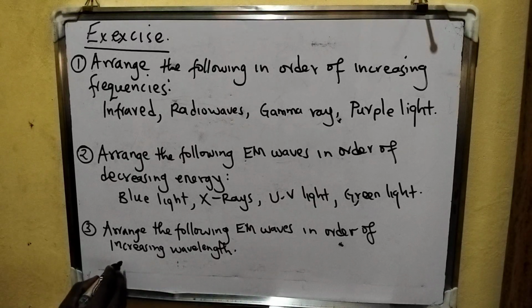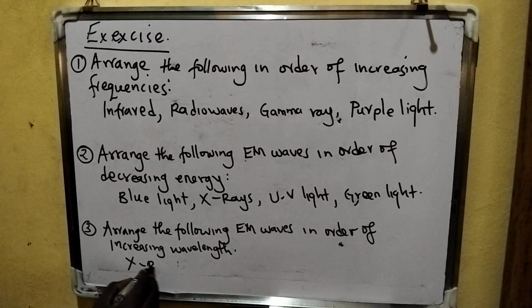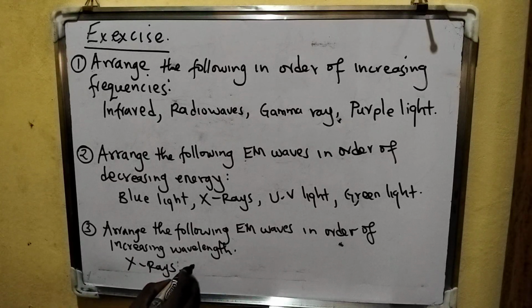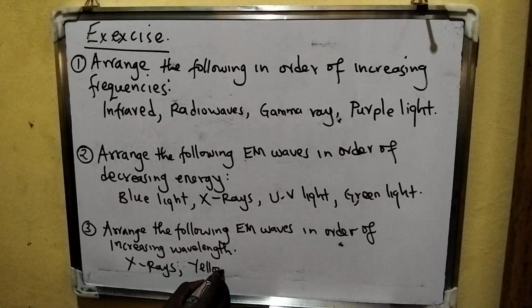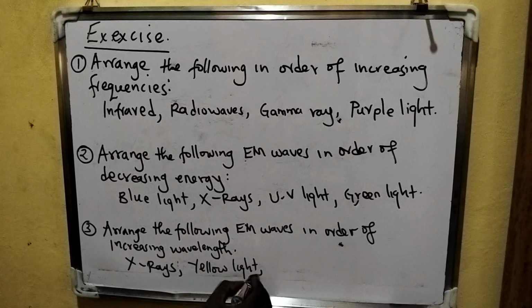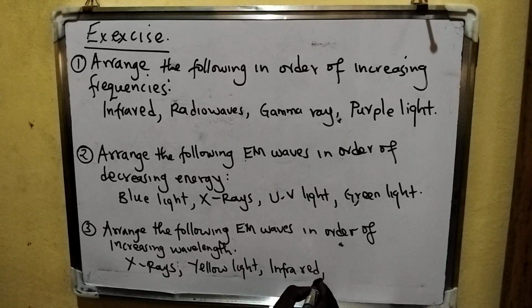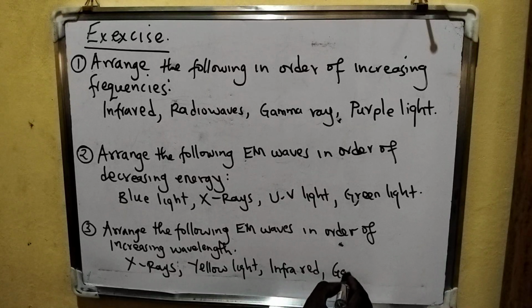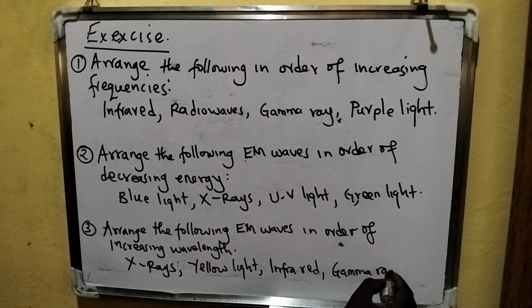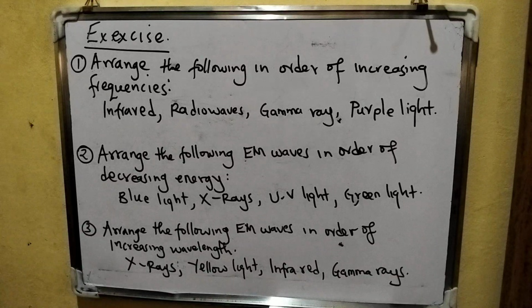The first one is X-rays, we have yellow light, infrared, and gamma rays. Can you arrange those electromagnetic waves in order of increasing wavelength? If you manage to do that, then you have mastered the electromagnetic spectrum.